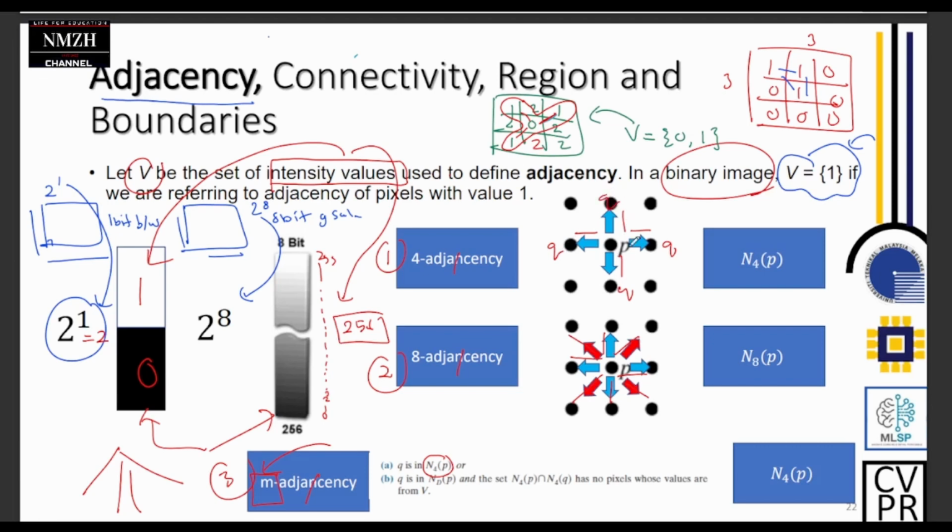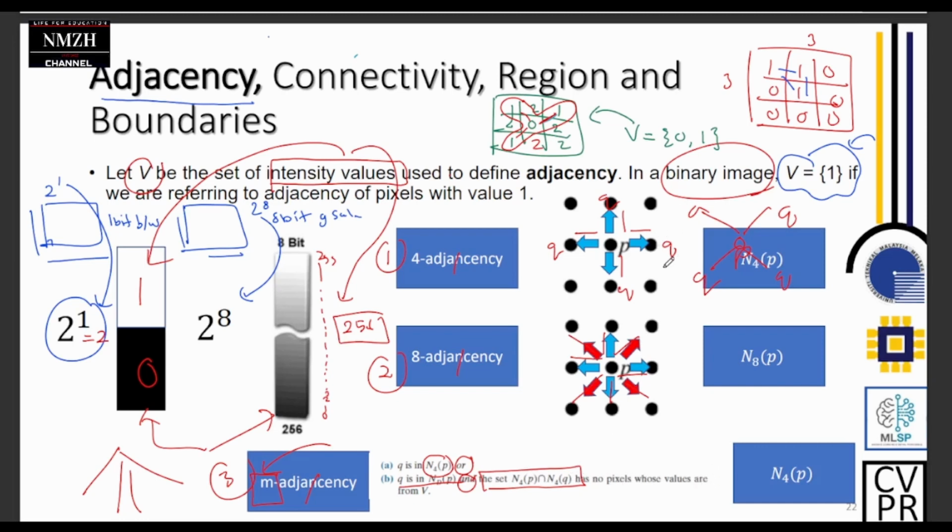That is one requirement to get m adjacency. Or q is in ND(p) and the set N4(p) intersect N4(q) has no pixel whose values are from V.